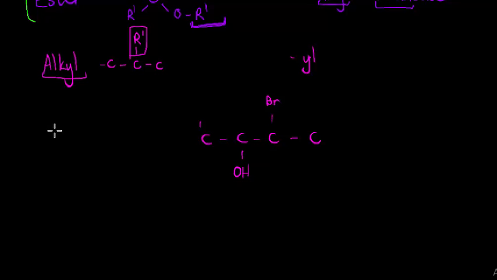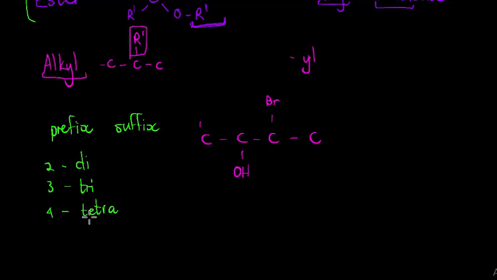So we would use di if there's 2, tri if there are 3 of the same functional group, of course, and tetra for 4, and you won't get more than this for this course, so let's stop it there. So let me just do 2 examples to illustrate all of this together.